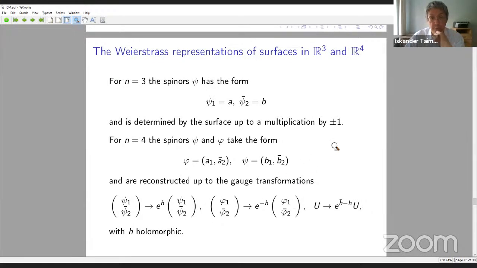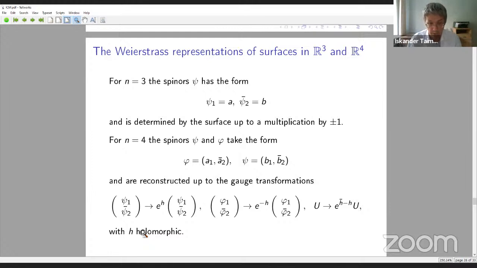But in difference with the three-dimensional case, where the spinors are reconstructed from the surface up to multiplication by plus or minus 1, for surfaces in R^4 they are reconstructed up to gauge transformations, where h is holomorphic. And that enables us to prove the existence of the Weierstrass spinor representation of surfaces in R^4.